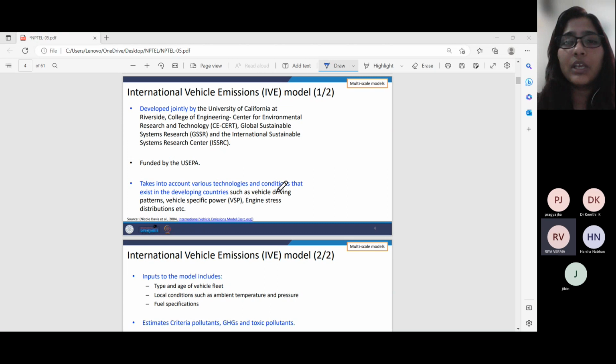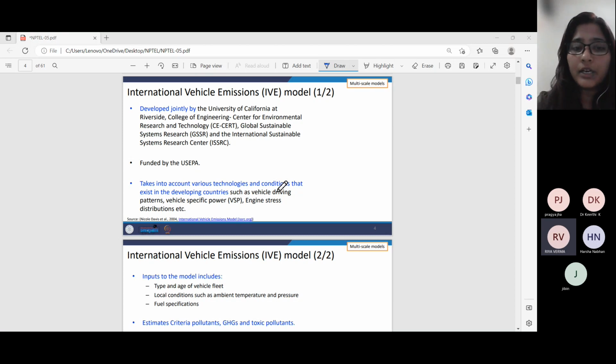So the inputs that we give to the model include the type and age of the vehicle fleet, like what kind of vehicle fleet we are considering for the emission, and the age of the vehicle also affects the rate of emission. The older the vehicle, and if it is not maintained or serviced properly, then the rate of emission will be much higher as compared to new age vehicles.